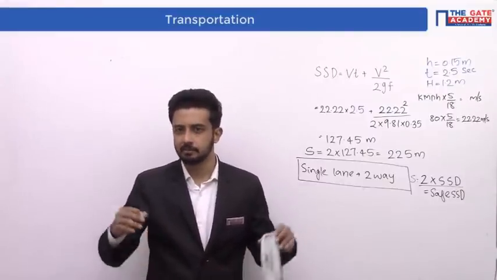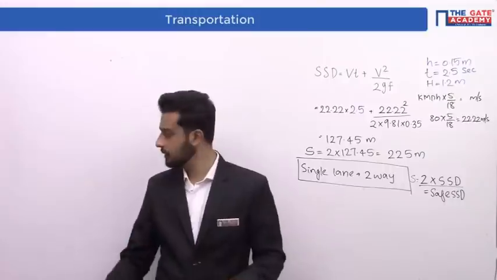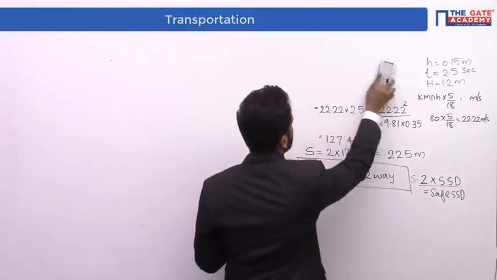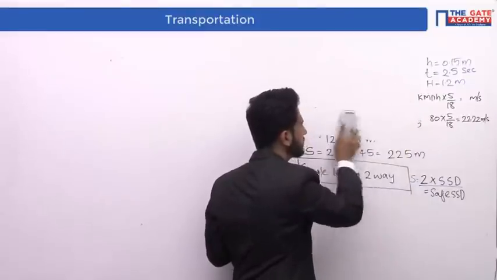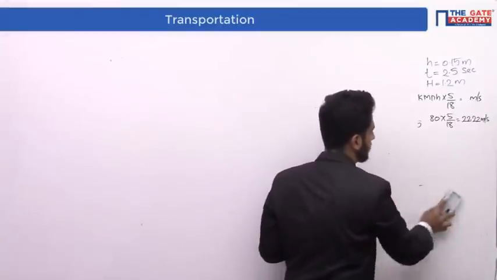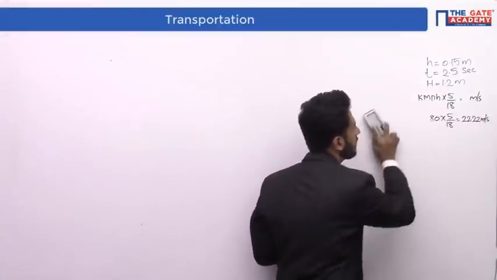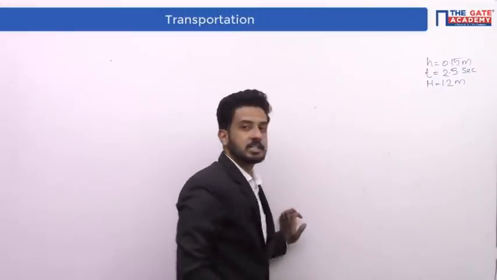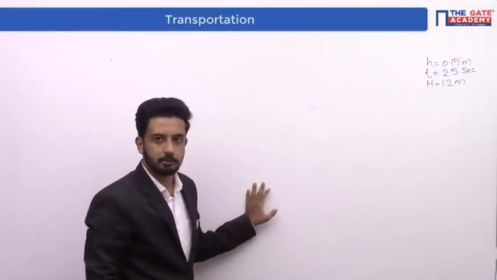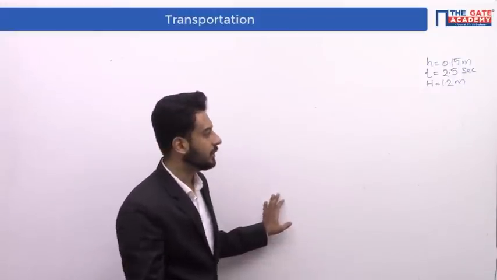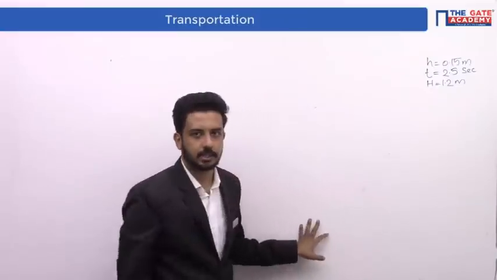If you are getting something against our assumption, we will use the second condition. And one more thing, in stopping sight distance, you have to remember the value of reaction time. Most probably they will not be giving it. And always we have to convert the value of speed from kilometer per hour to meter per second.